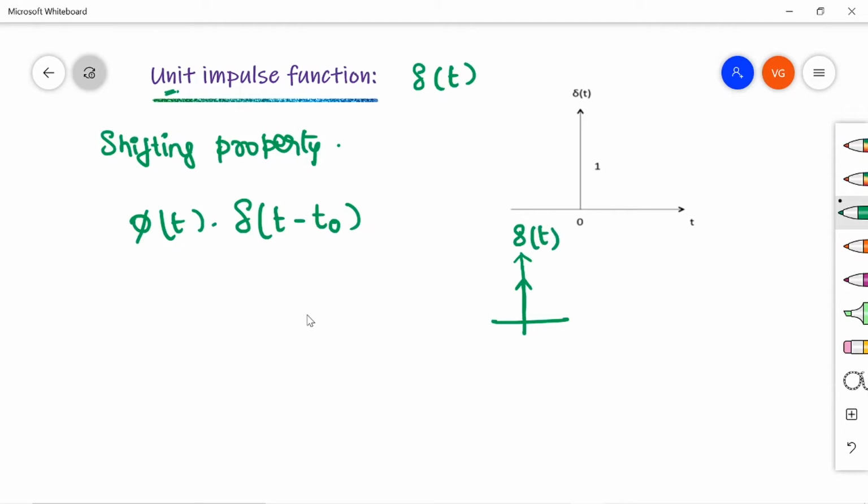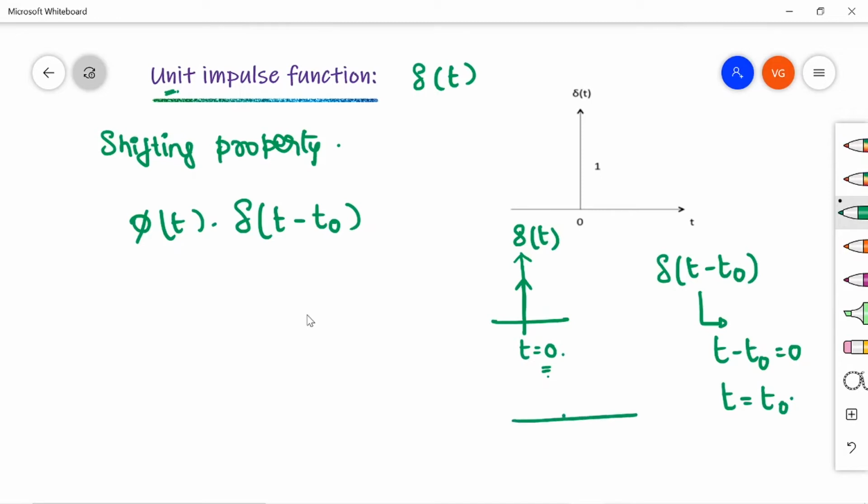Del of t means centered at t is equal to 0. Del of t minus t naught means you equate t minus t naught to 0 such that you get the center point, that is t is equal to t naught. So the signal is now shifted to t naught. This is my del of t minus t naught.